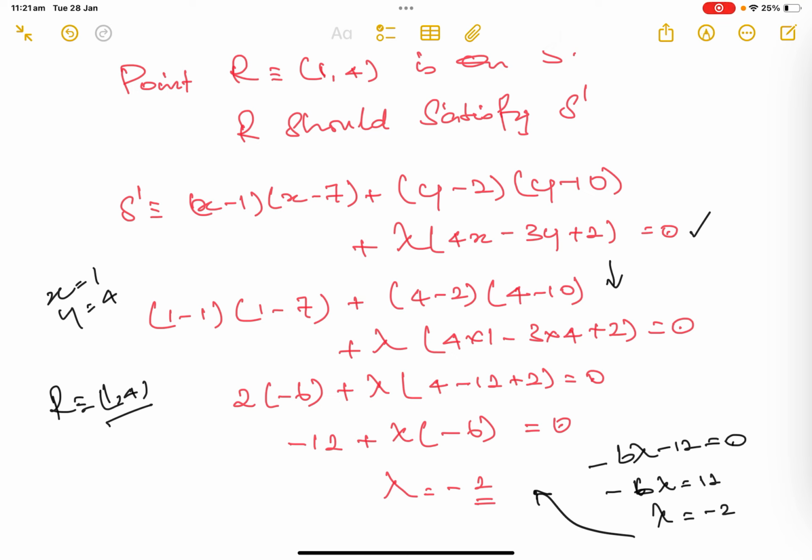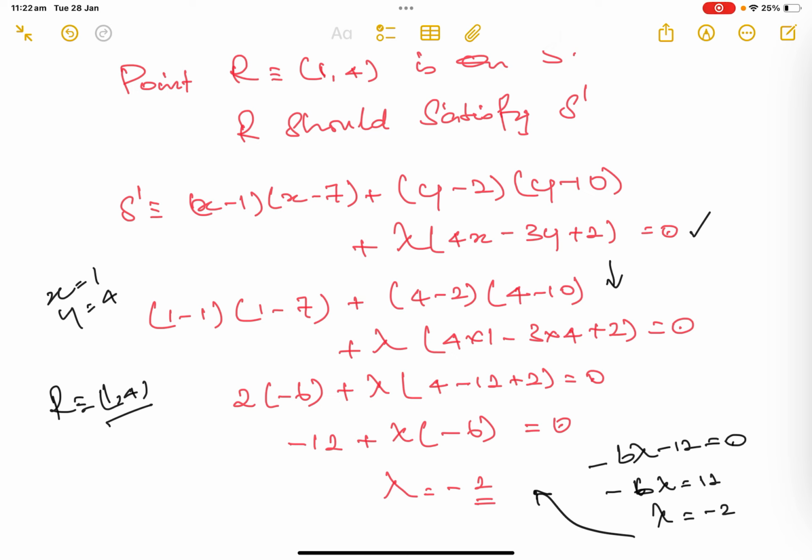So simplifying, 1 minus 1 is 0, so that cancels out. All we have is 4 minus 2, that is plus 2, and 4 minus 10 is minus 6. So 2 times minus 6 is minus 12. Then lambda times the bracket: 4 times 1 is 4, minus 3 times 4 is minus 12, and plus 2.